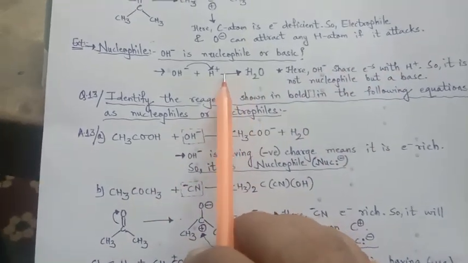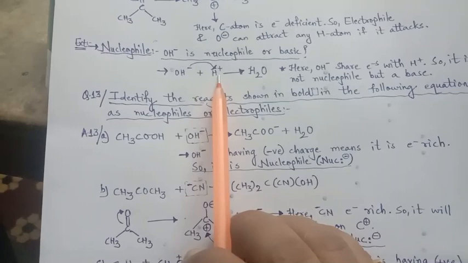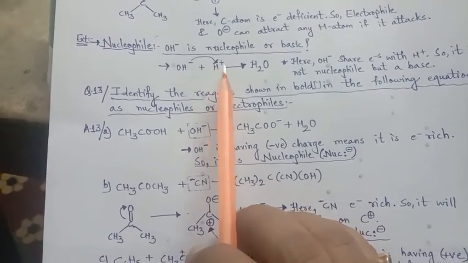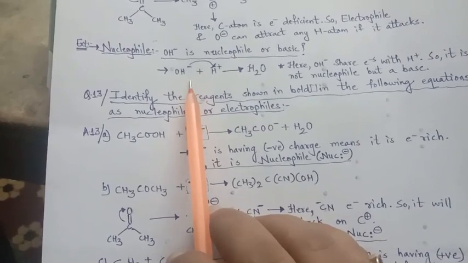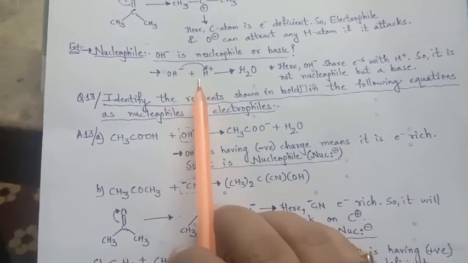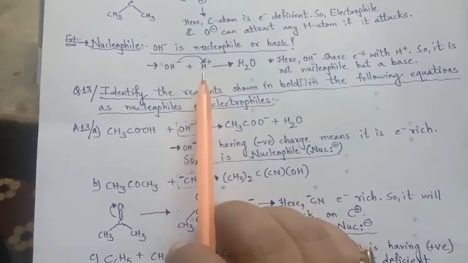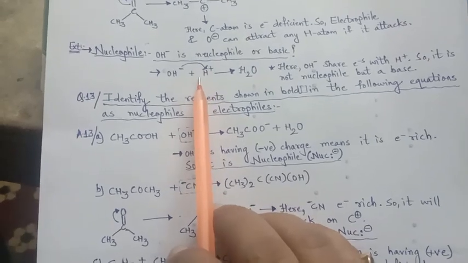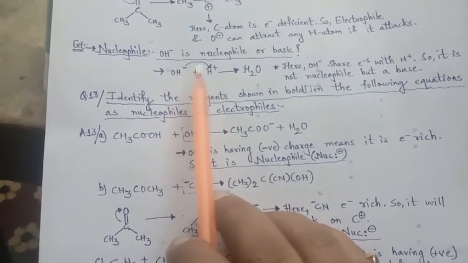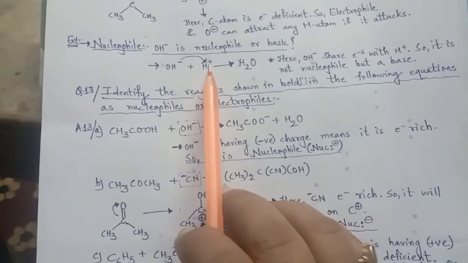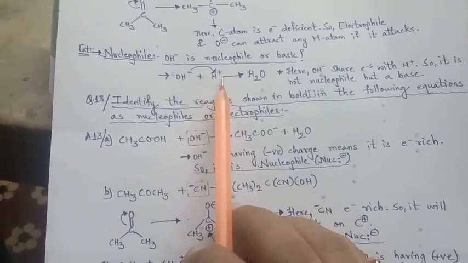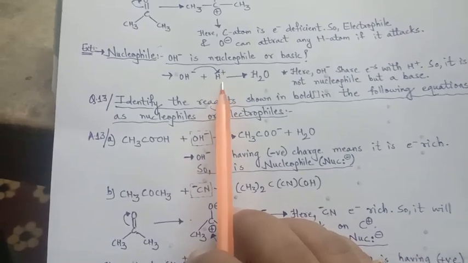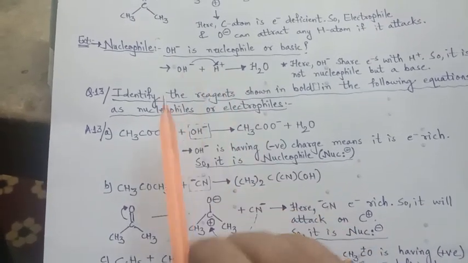See, just now in the definition I told that, remember this thing: when a species is sharing electrons with hydrogen, then it is not a nucleophile. If it is sharing an electron pair with an atom other than hydrogen, such as nitrogen, oxygen, sulfur, any other element or atom other than hydrogen, then it is a nucleophile.